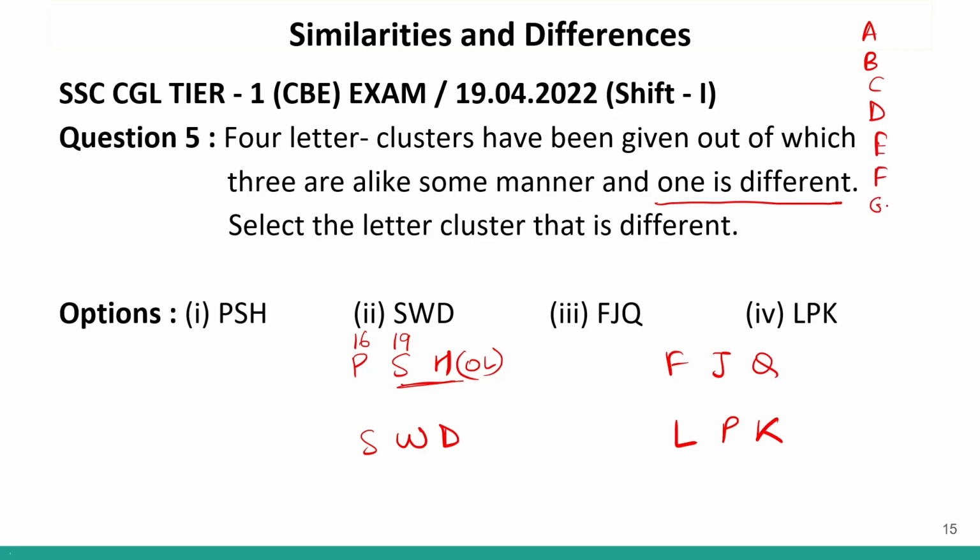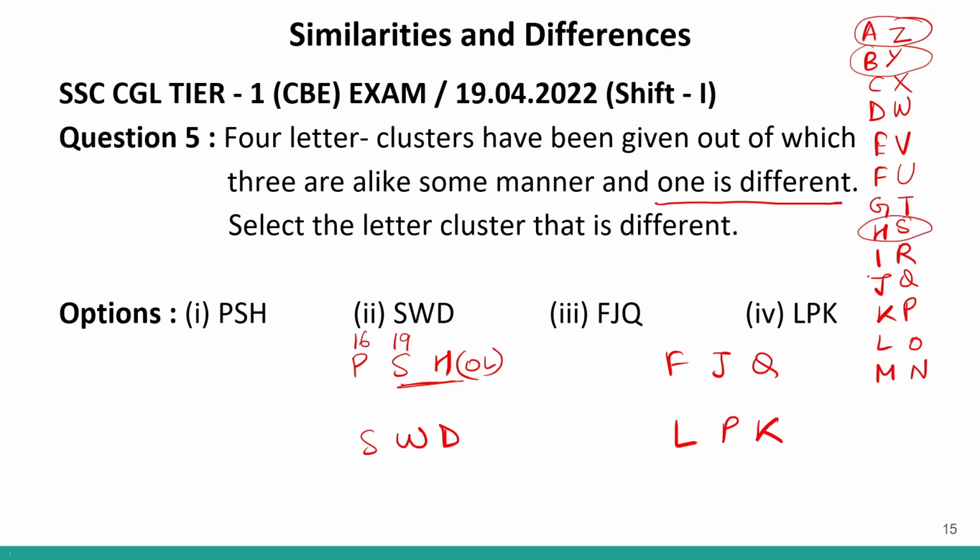So if I write my letters like this, A, B, C up to M, then start again, N, O, P, Q, R, S, T, U, V, W, X, Y, and Z. So if I write my letters like this, A is opposite to Z, B is opposite to Y, and so on. So here you can see that S and H are opposite letters.